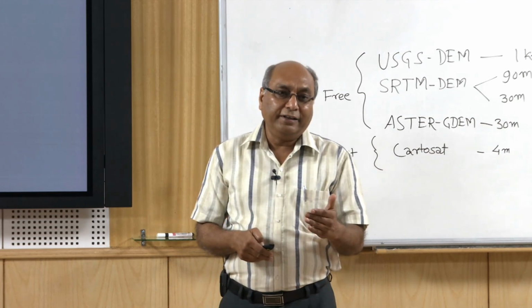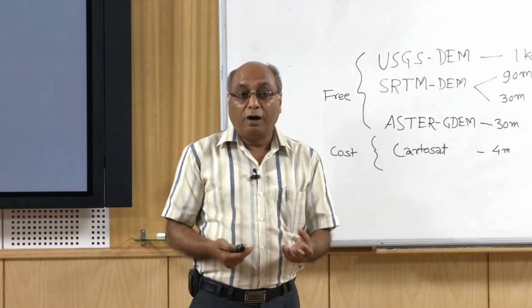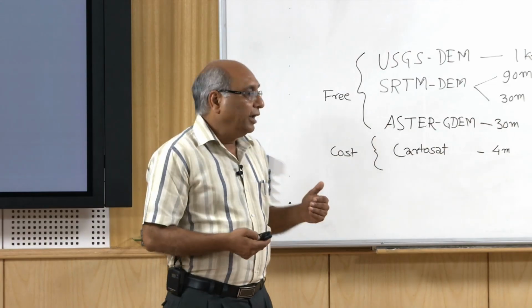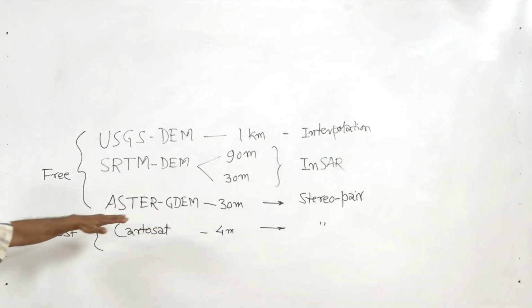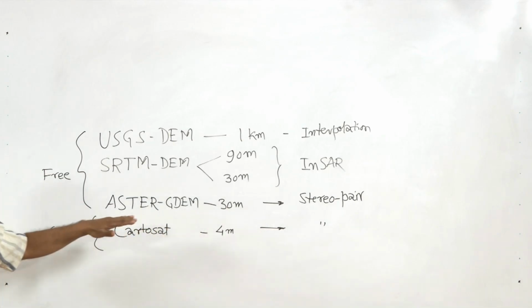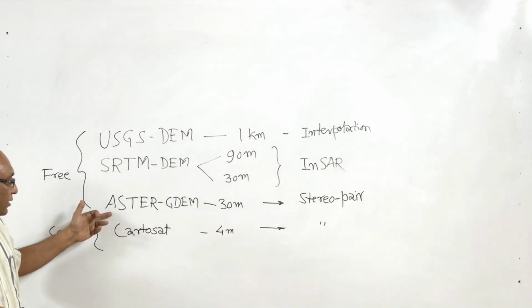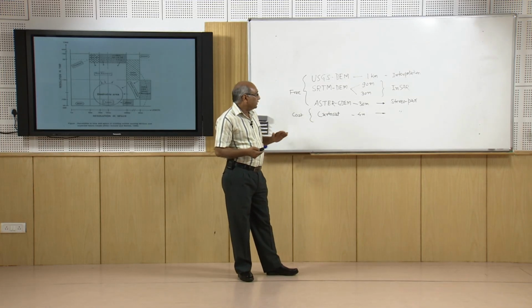I also mentioned earlier that we must have information about the data, that is the metadata. If you are using, say, the ASTER GDEM, you must know what the accuracy of ASTER GDEM is and how it has been acquired, and you must record all those details with your project.